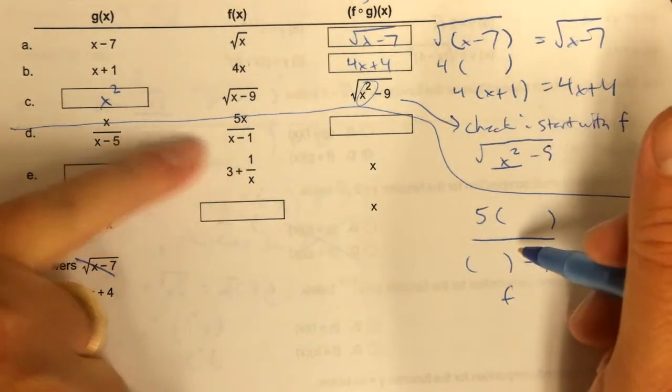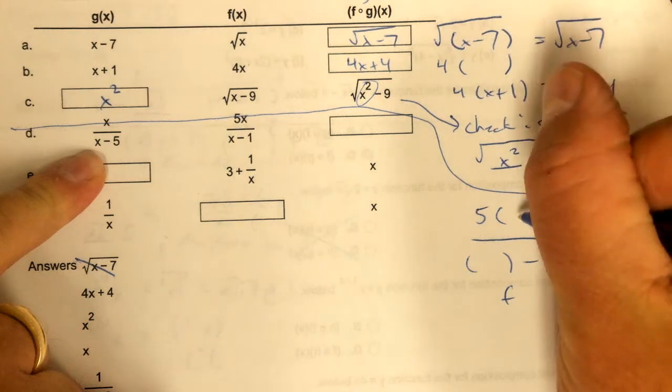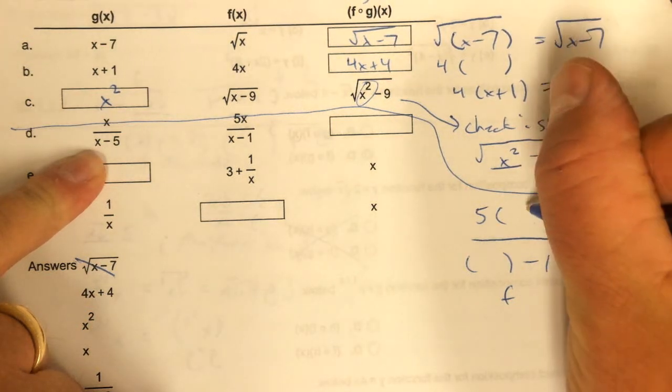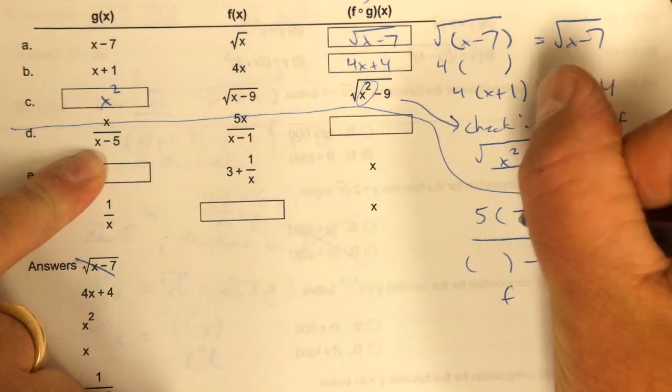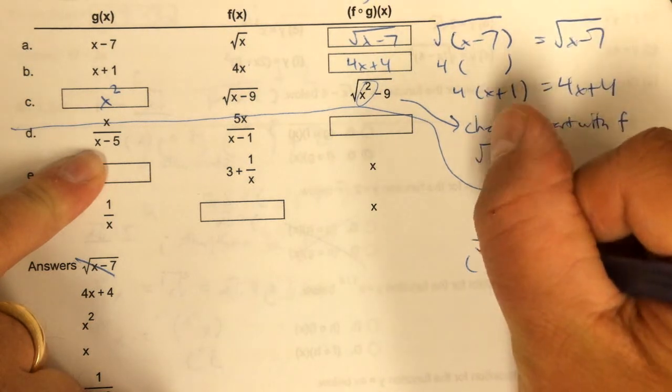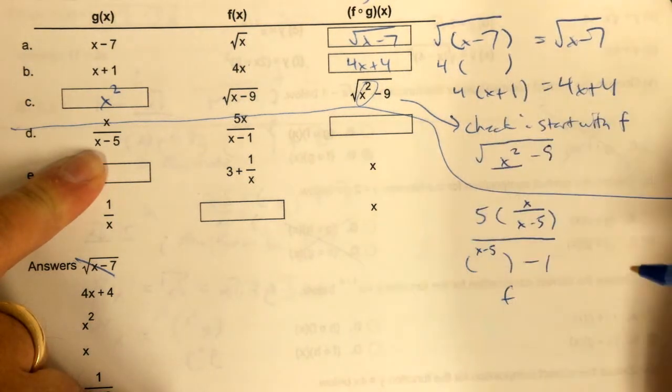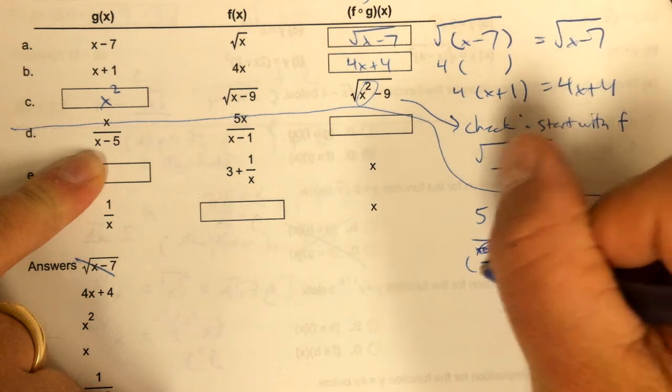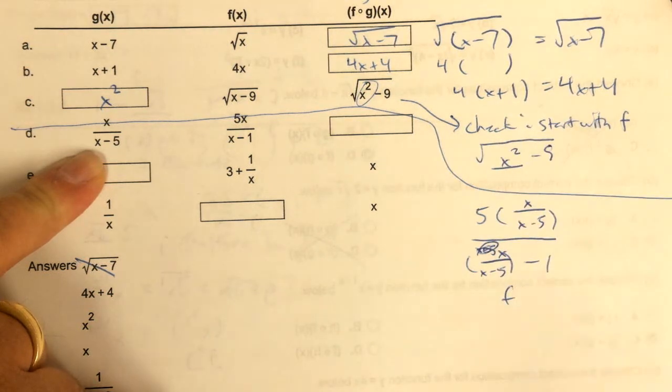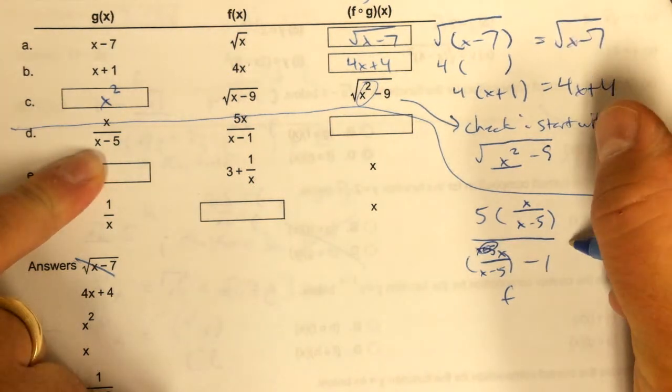And then you plug in x over x minus 5. Whoops, this is x over x minus 5. Okay, this really does look confusing, but I know you have this problem later. So let's solve it now.